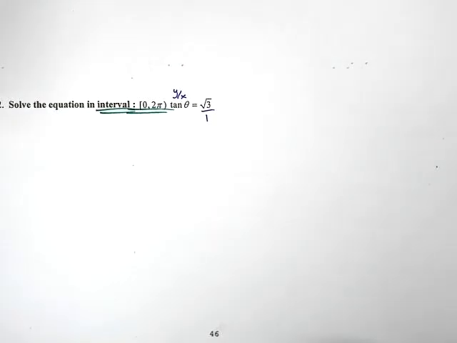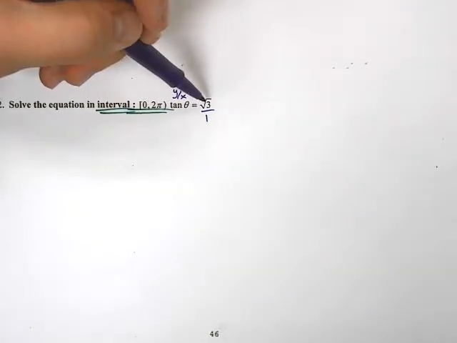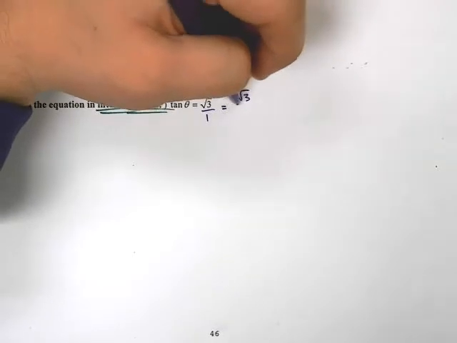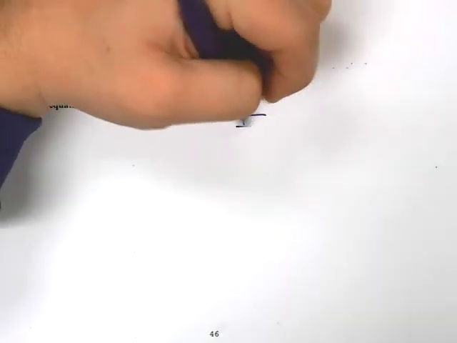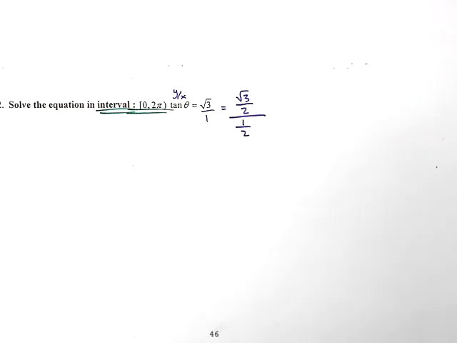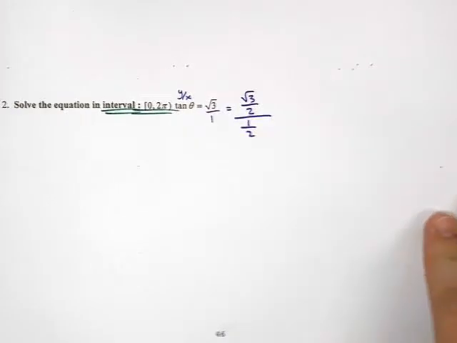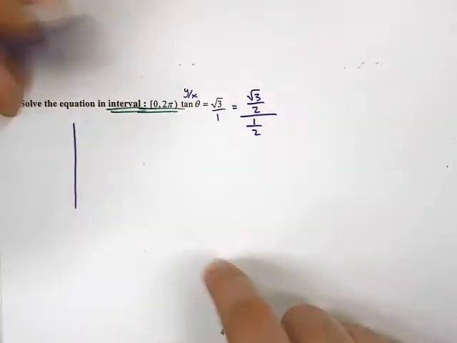As of right now, I don't know where exactly I'm at. So this is a situation where we might need to use our over 2 trick, and I might need to rewrite this as square root 3 over 2 all over 1/2. If we do that, now I can start to see where I might be on a unit circle. So I'm going to sketch a unit circle.